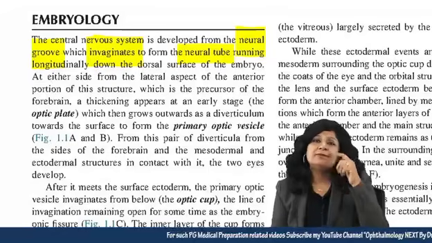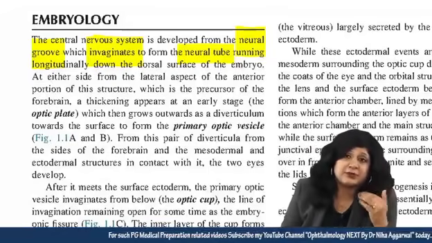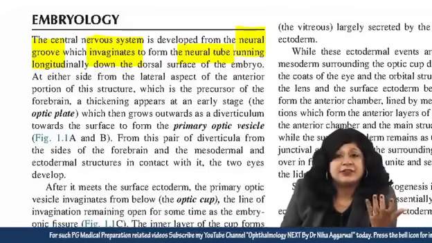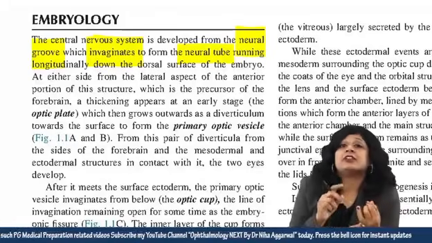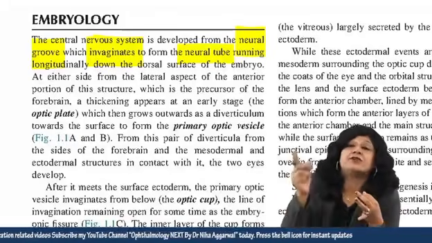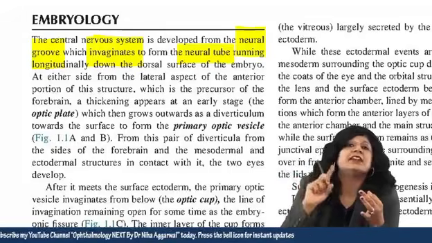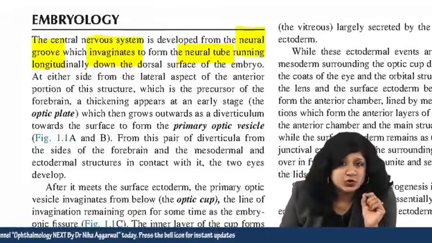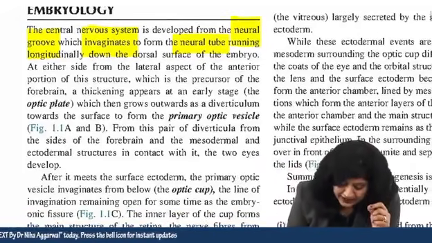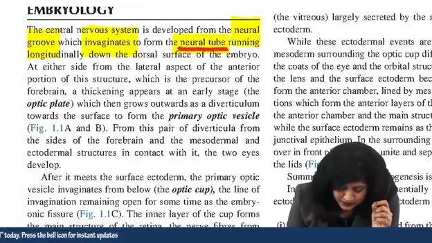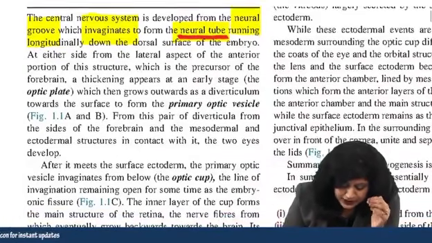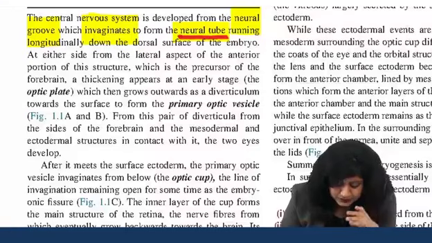So our development, if you remember, starts from there only. I tell you that we have an optic vesicle, a lens vesicle, then the surrounding mesenchyme, and we have a mesoderm also. So basically they have started with the neural tube. It is running down longitudinally down the dorsal surface of the embryo.